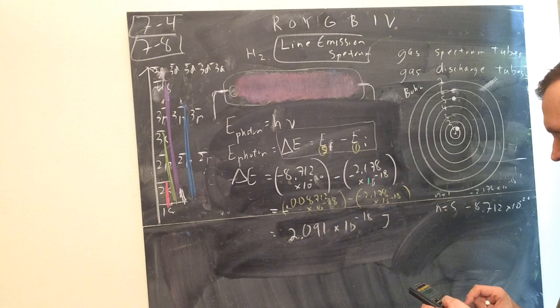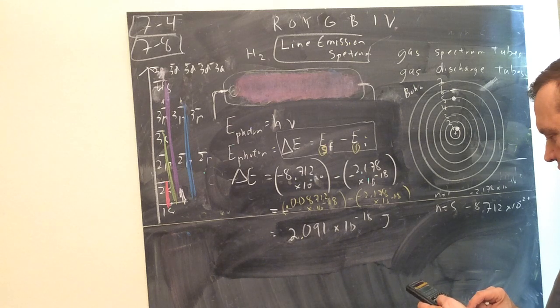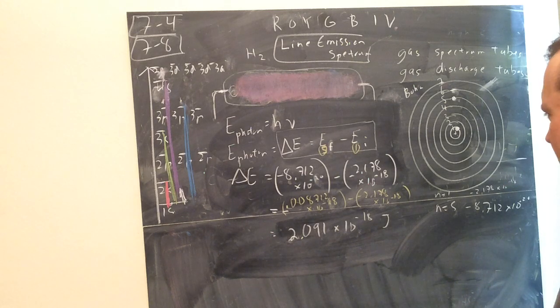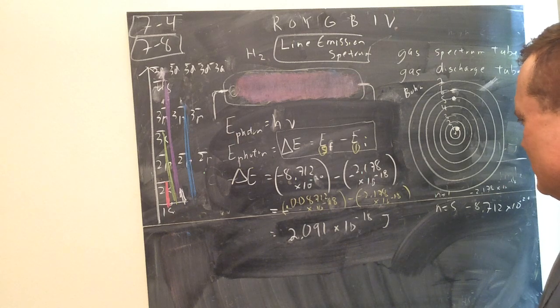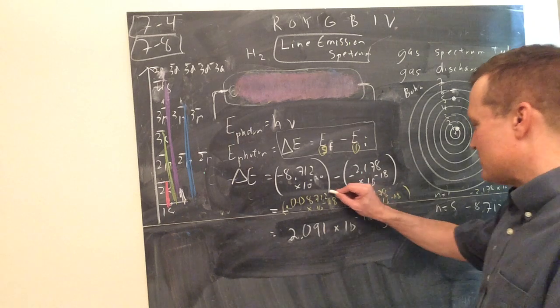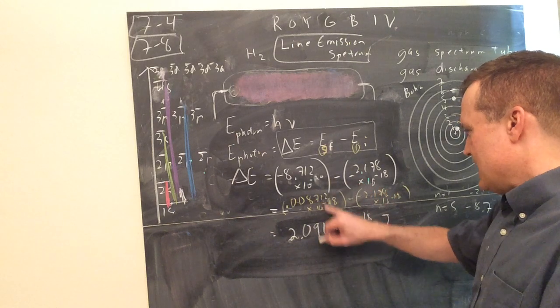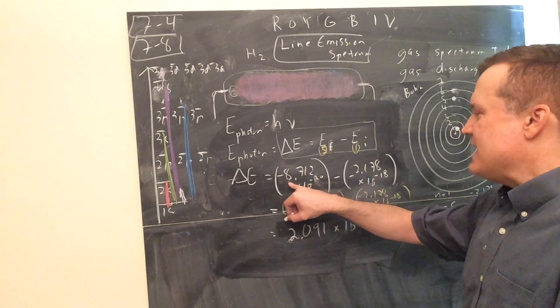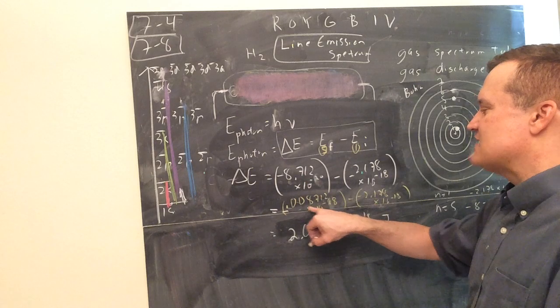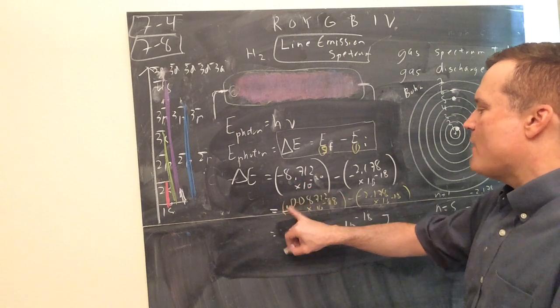0.00871 negative minus. Well, did I write it down correctly? I was only trying to do this to show you what your sig figs would be. That's why I was trying to do this for AP. 10 to the negative 20 would be 8.712 times 10 to the negative 20, which is the same as 0.08712 times 10 to the negative 18.